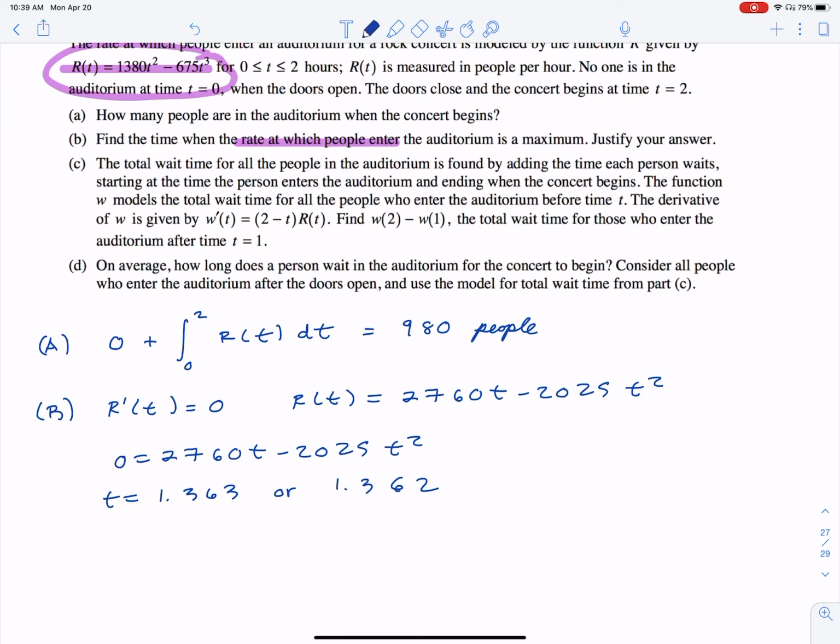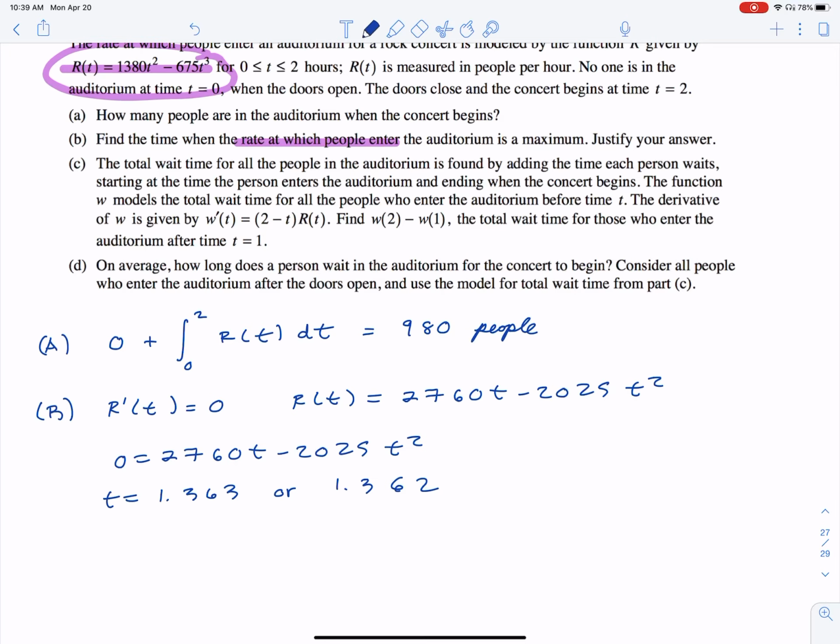If you look at your graphing calculator, to the left of t equals 1.363, r prime is positive, and to the right it is negative, which means we have a maximum at that t value.